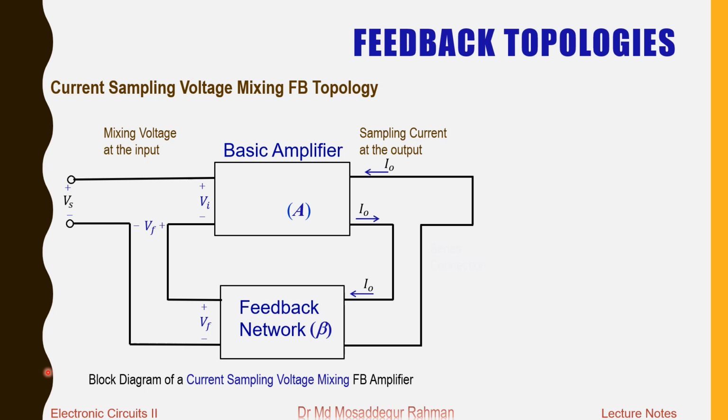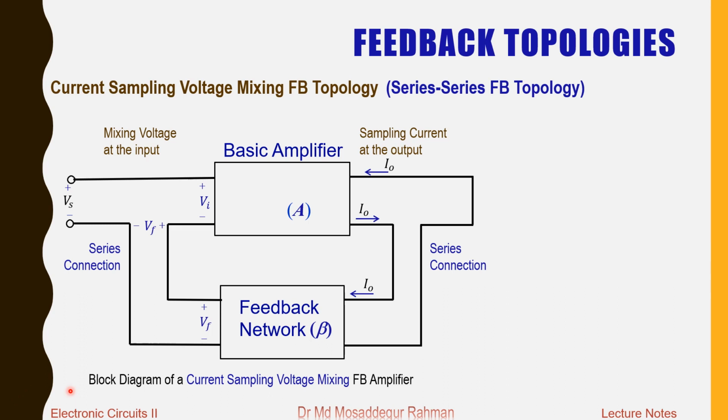The connection at the output side is a series connection, and at the input side it is also a series connection. So both at the input and the output side the connection type is series, and this feedback topology is also referred to as the series feedback topology.